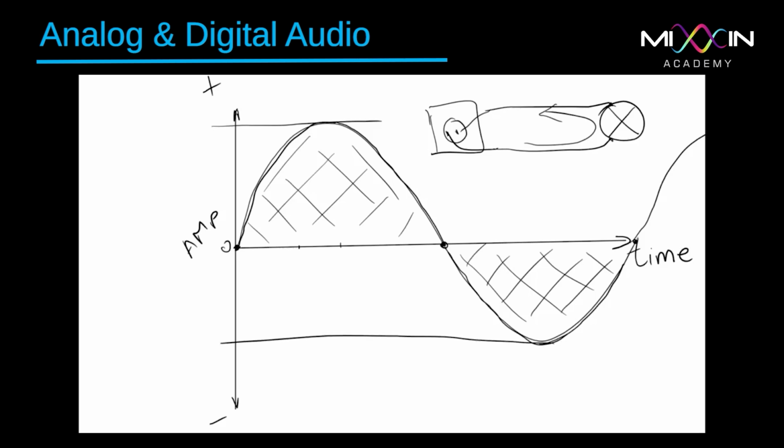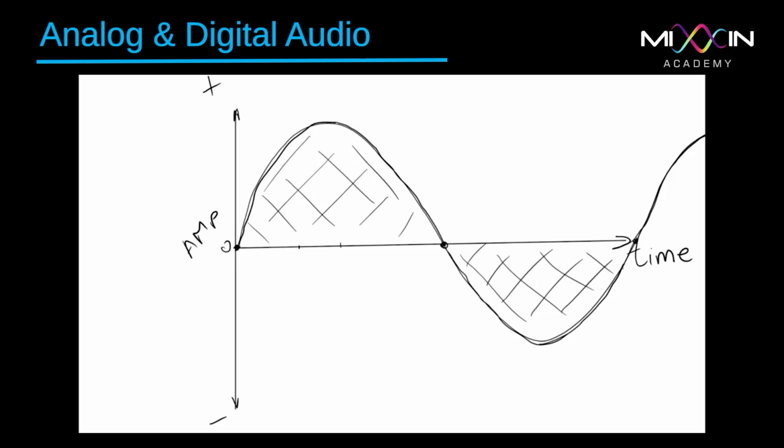Then the current becomes less powerful until it reaches 0, starts flowing the other direction, and so forth. Now all of this is an analog signal, because as you can see, all of these values are continuous. So the current actually continuously flows through the cable.